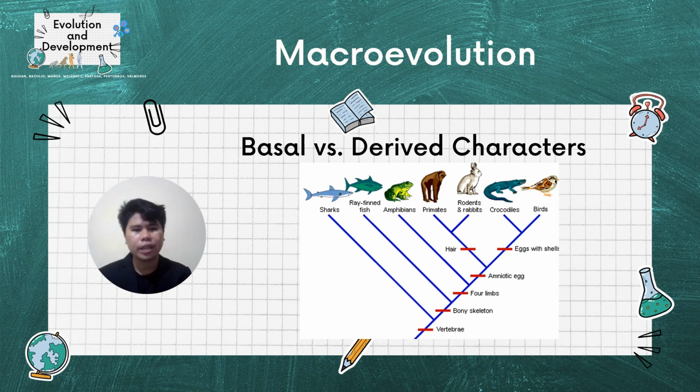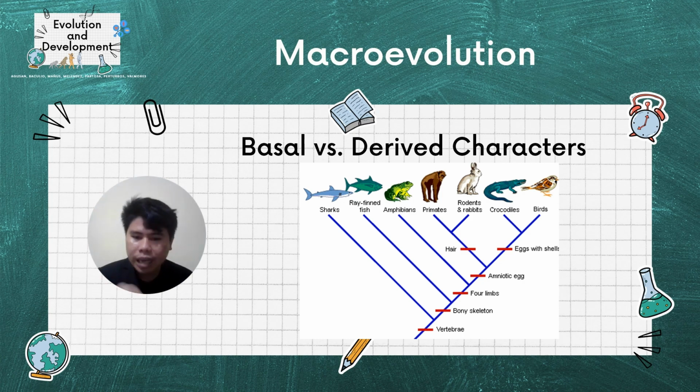On the other hand, we have what we call derived characteristics, which are quite unique to a particular group of organisms, and commonly we regard them as more recently evolved. Looking at the example that we have here, if we refer to the vertebrae, among all the organisms here, we can say that the vertebrae is a basal characteristic. However, hair is actually exclusive to the primates and the rabbits group.